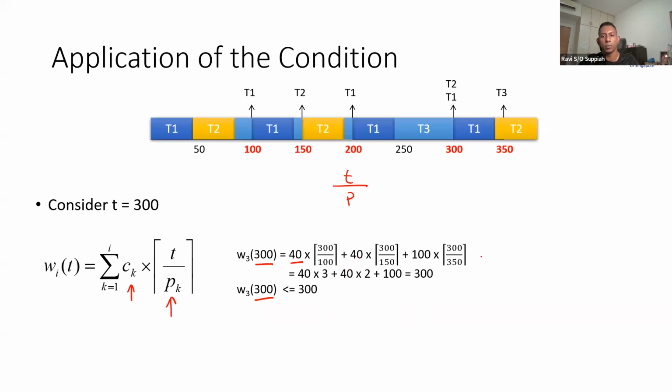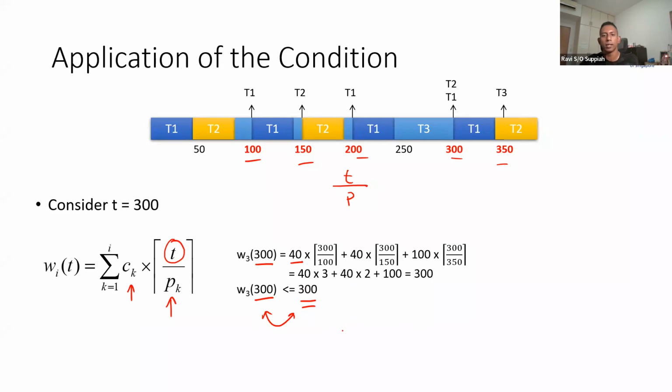The only variable over here is this t, depending on which t you're looking at, 100 or 150, whatever. So you compute, and if you get the answer where this timing requirement is within the deadline, that means W of 300 is less than or equal to 300, then you are able to satisfy the requirement to schedule all these tasks by time t equals 300.